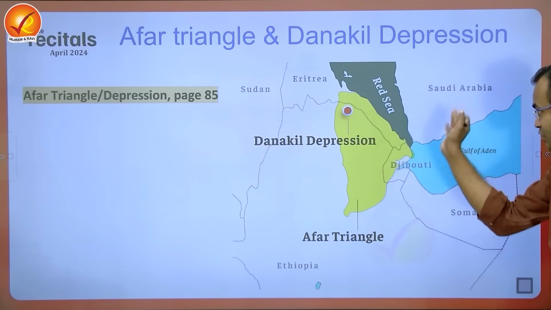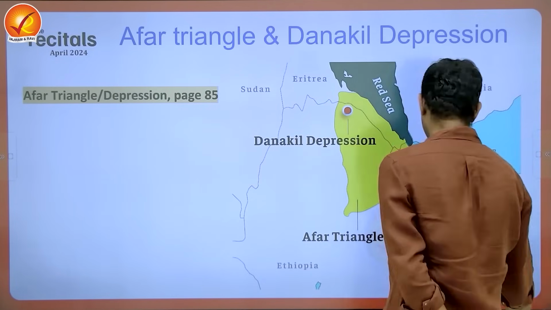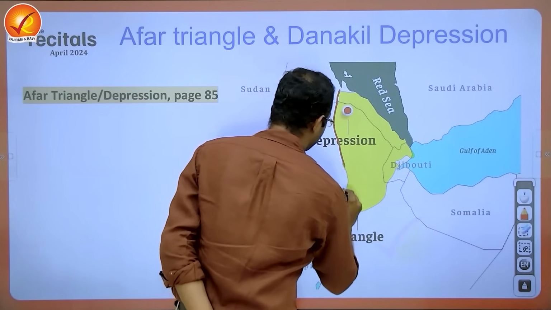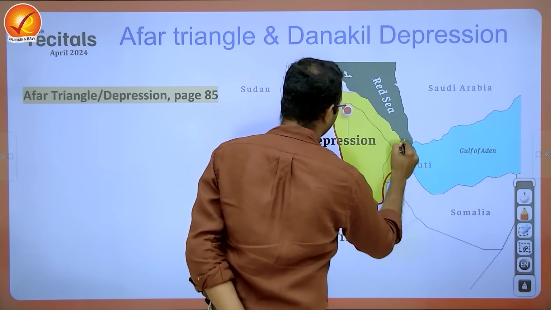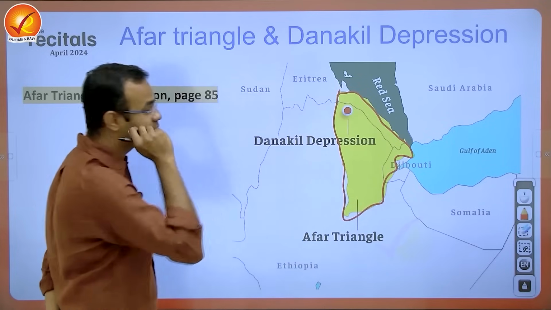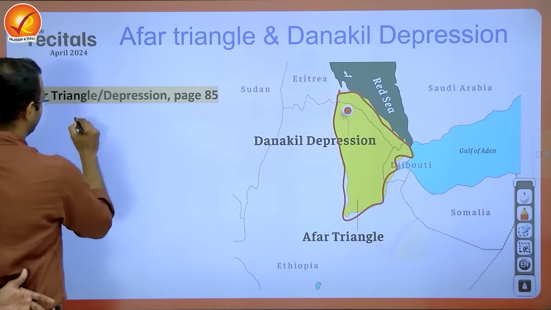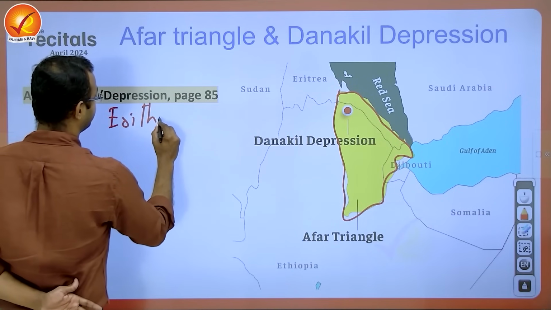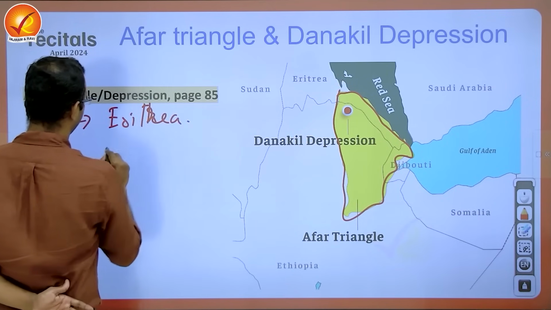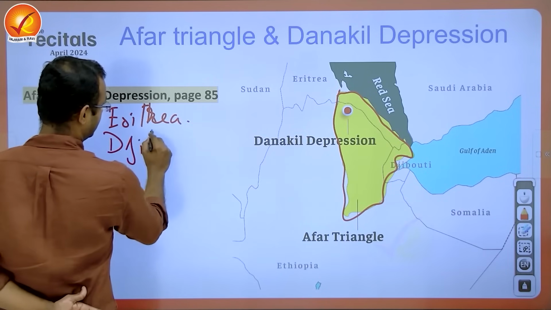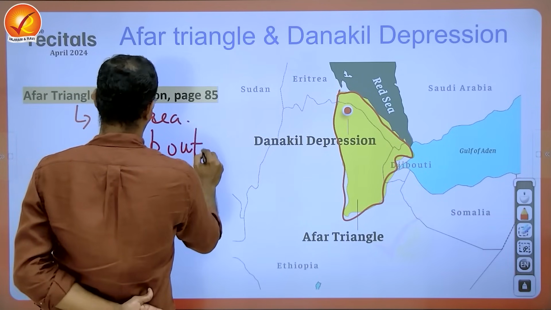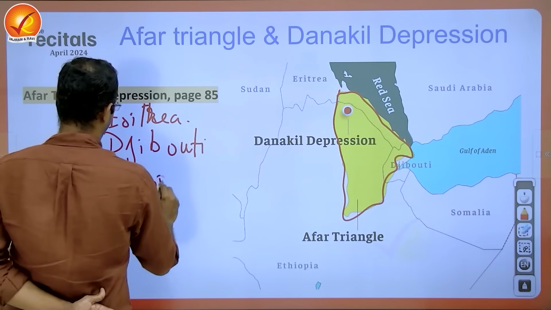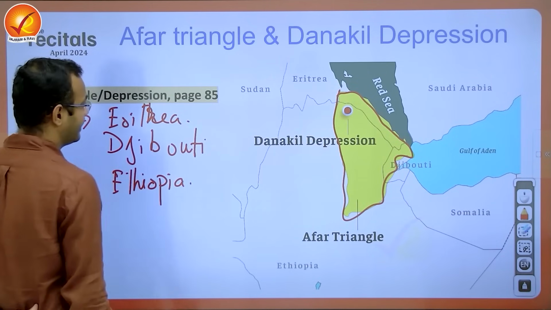So with respect to the geography of the regions, the Afar triangle is present in the easternmost part of Africa, which is spread across 3 countries. They are present in the countries of Eritrea, Djibouti and Ethiopia, right?